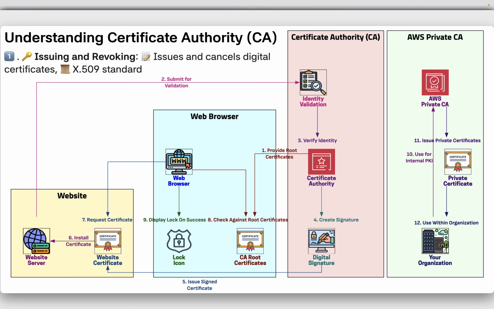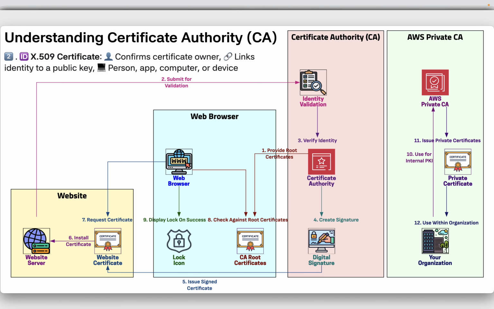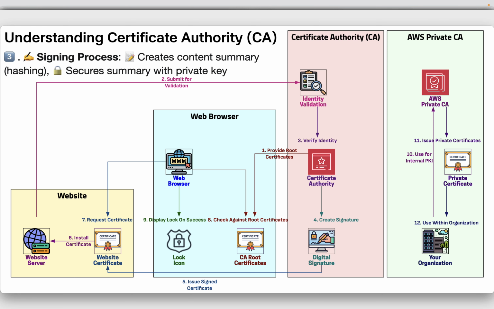Understanding certificate authority. A certificate authority is responsible for issuing and, when needed, cancelling digital certificates. Most use the X509 standard. An X509 certificate confirms who the certificate belongs to. It could be a person, an app, a computer, or another device that links their identity to a public key.